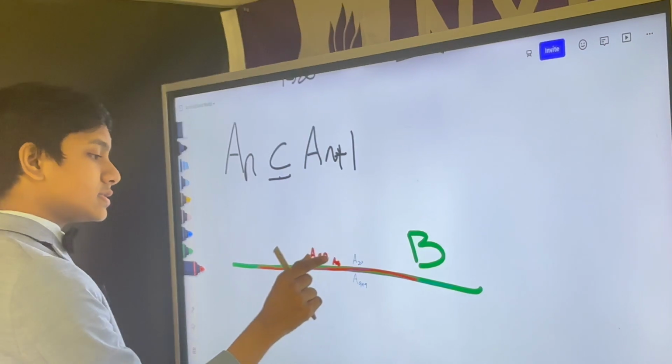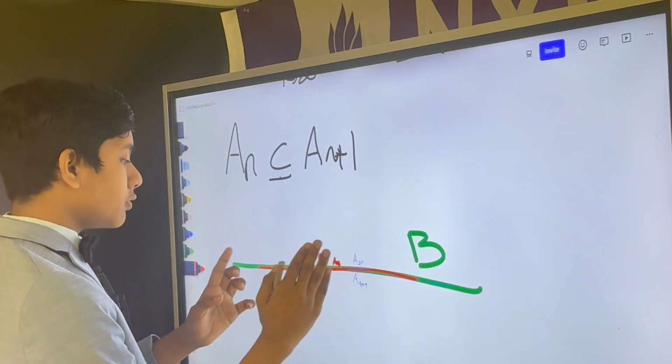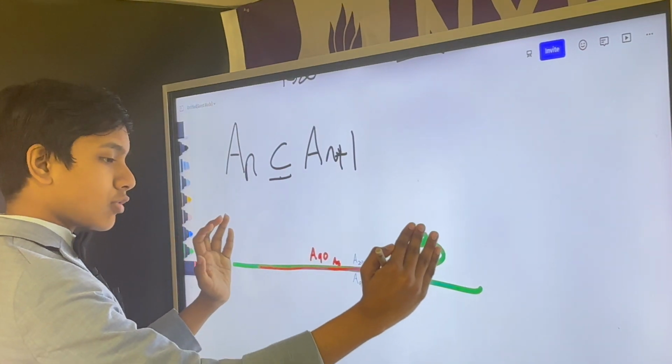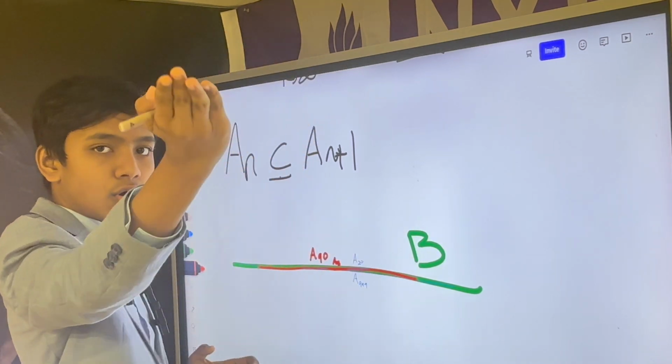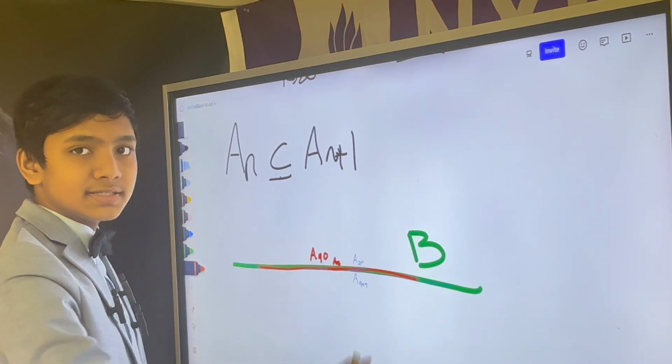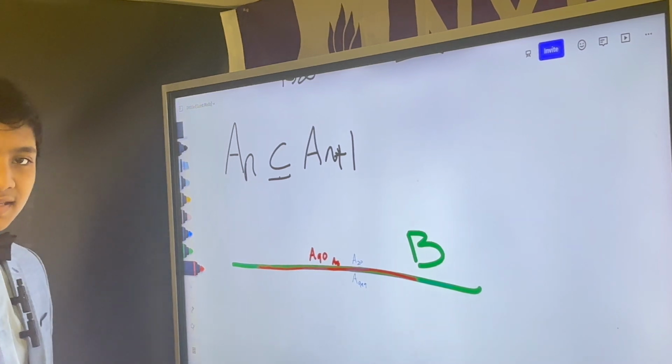So the subsets grow and grow and grow, but at some point their growth kind of curves off, and it approaches this limit set B.